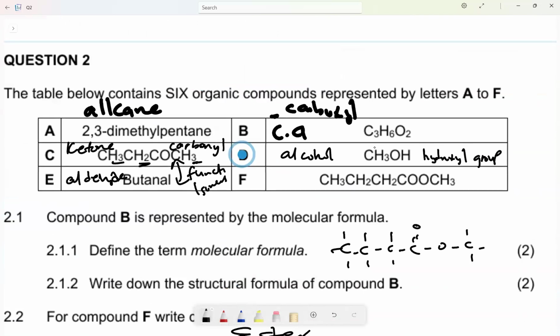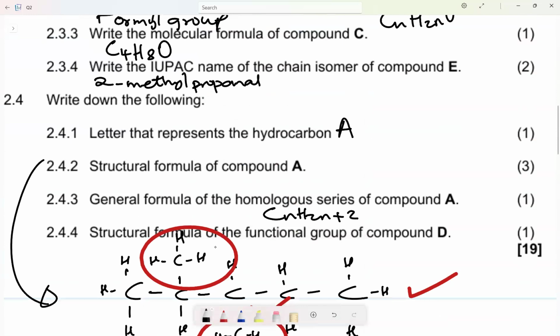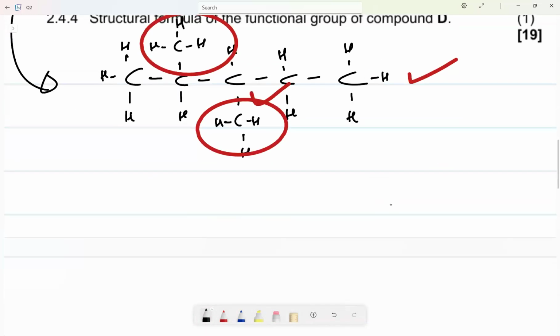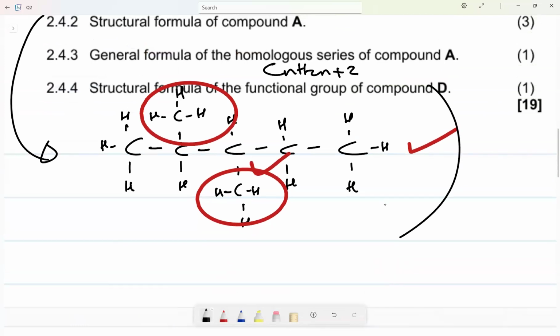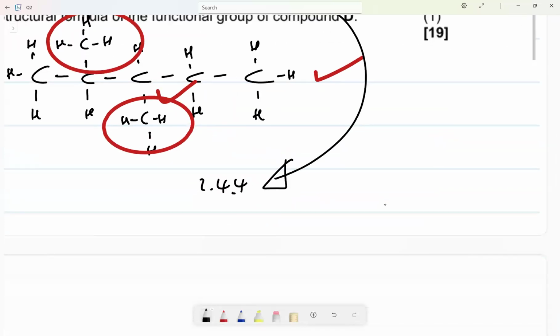A, B, C, D. They want the structural formula of the functional group of the alcohol. This is 2.4.4. When you answer that, they want you to show what is special about alcohol. Alcohol, we just see it has OH, then it has other bonds. This is what you show us.